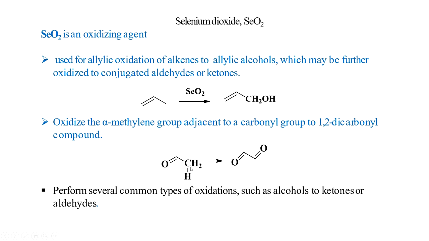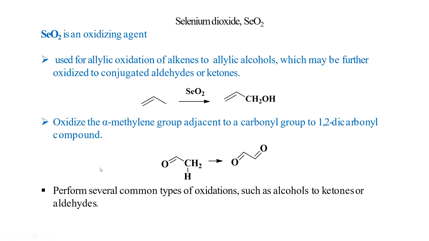It is the CH2 group adjacent to this carbonyl group, and that is the alpha methylene group. It is an active methylene group because it is attached to an electron withdrawing carbonyl group. So this can be taken as an active methylene group. This active methylene group gets oxidized to a carbonyl group. That is why we will get a 1,2 dicarbonyl compound.